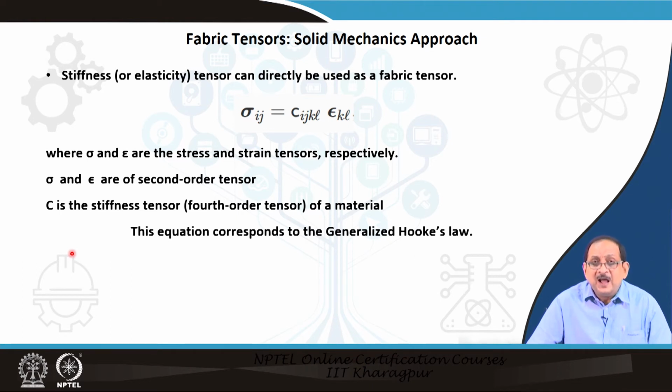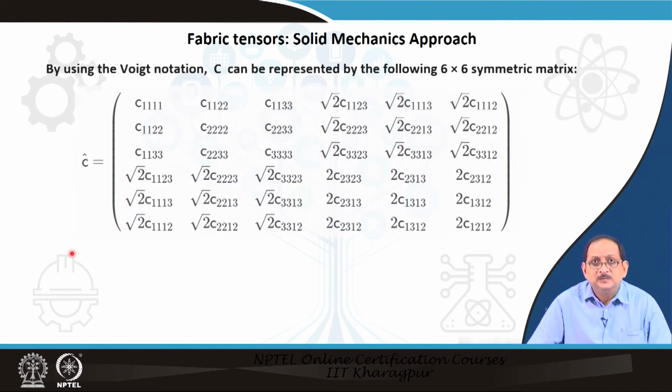Both sigma and epsilon are second order tensors, and C is the stiffness tensor of fourth order of a material. So, this equation corresponds to the generalized Hooke's law. By using the Voigt notation, C can be represented by a 6 by 6 symmetric matrix.